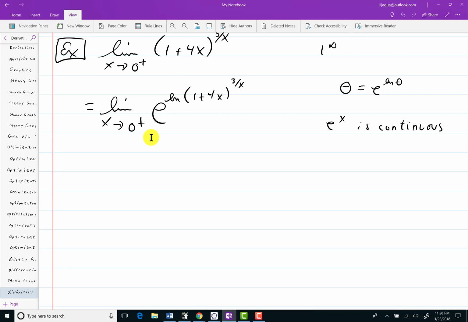So what that means is if you have the limit as x goes to a of e to the x, that equals e to the a. That means basically I can take the limit and put it up in the exponent. So this equals, I'm going to draw a giant E here, and we'll do something about this horrible looking E in a minute. But for right now, just follow what I'm doing.